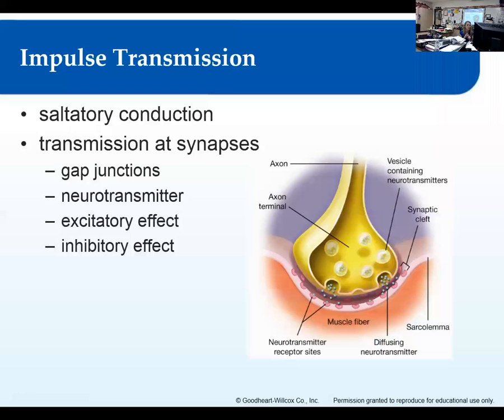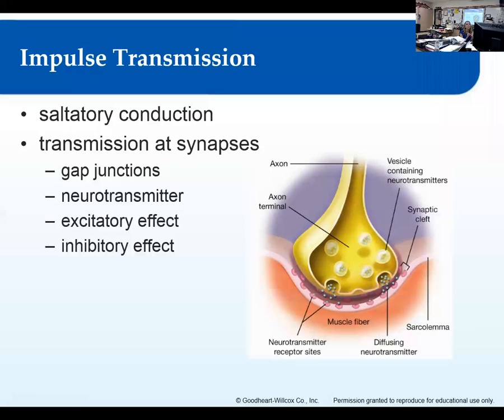There are a couple of ways this can work. One is an excitatory effect. That means this impulse is going to cause whatever it's going towards, like in this case a muscle, to do something, like contract. An inhibitory effect is going to try to make it stop.